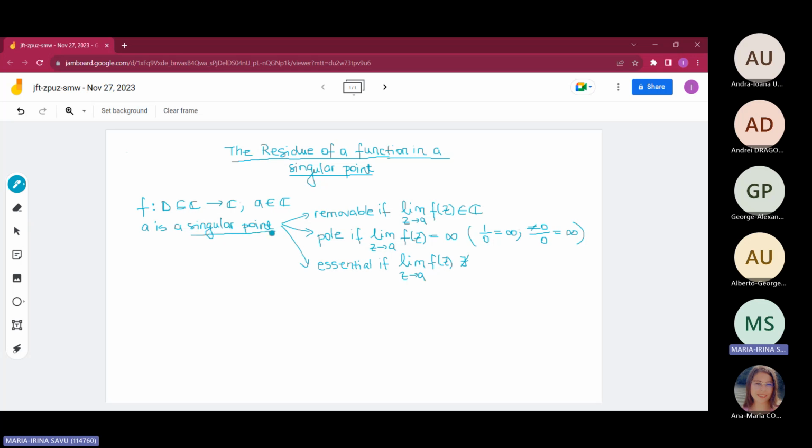So a singular point could be removable, could be a pole, or essential.